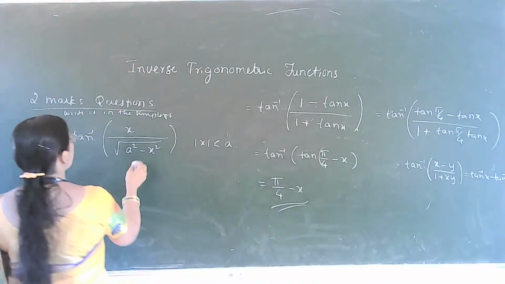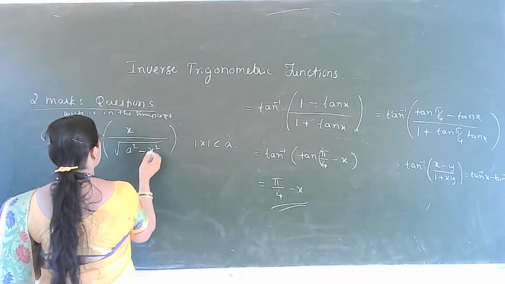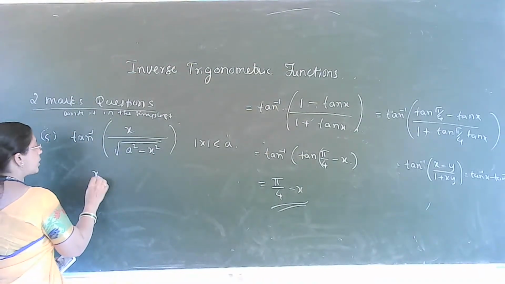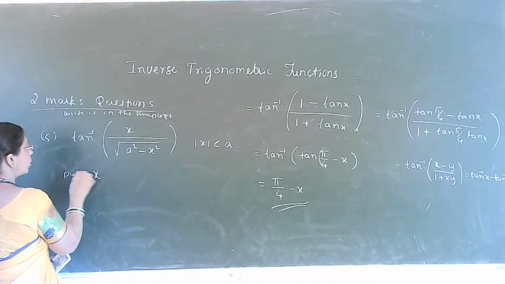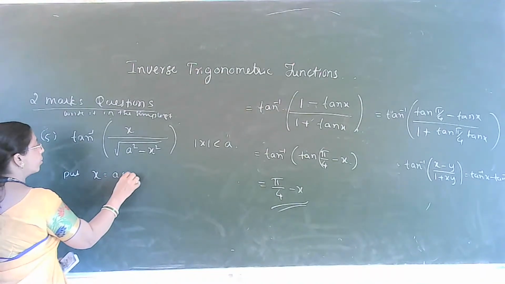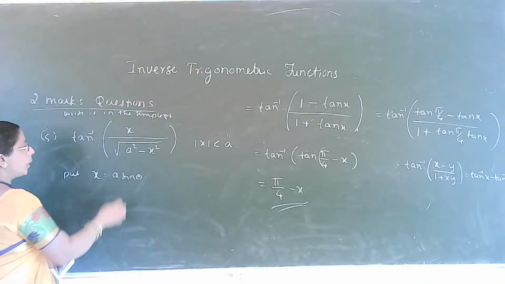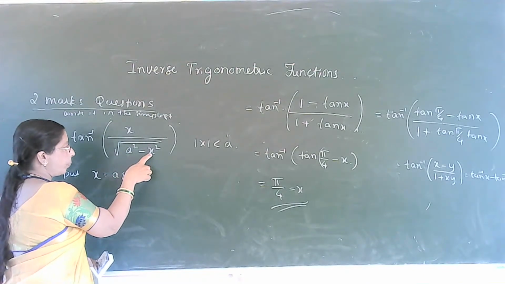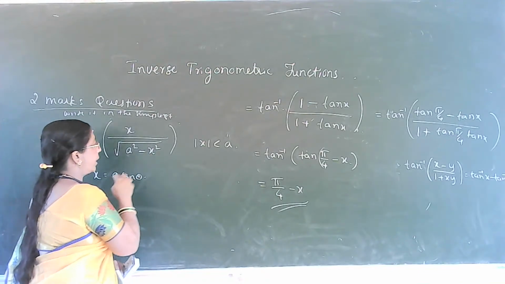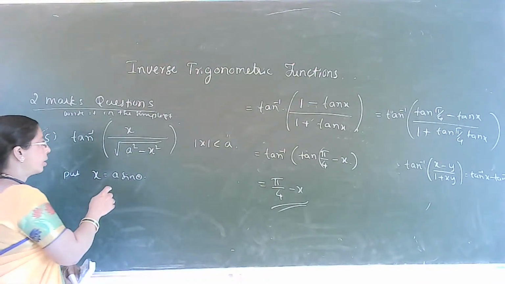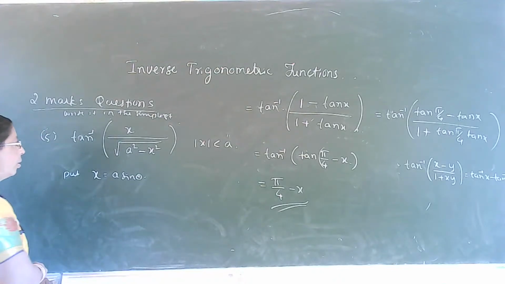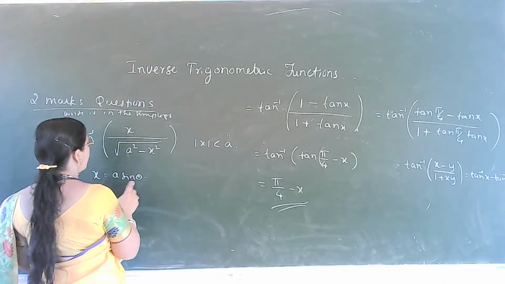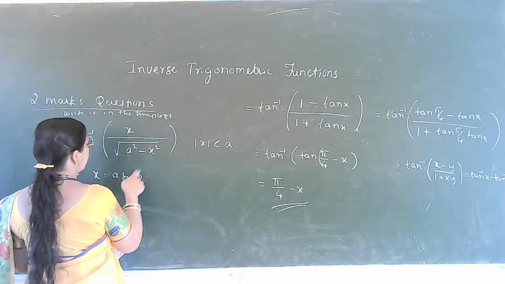Which one is very useful here? Put x equal to a sin theta, because here a square is there. We put only sin theta, because you can't take a common outside otherwise. Therefore, we put a sin theta.